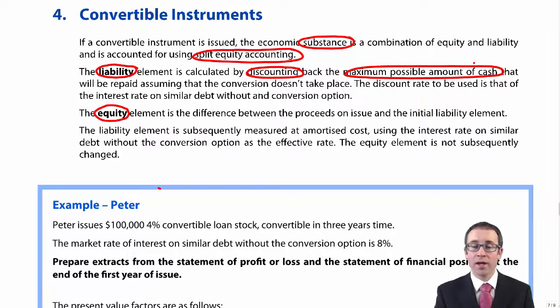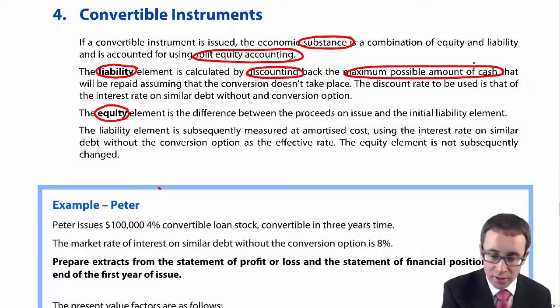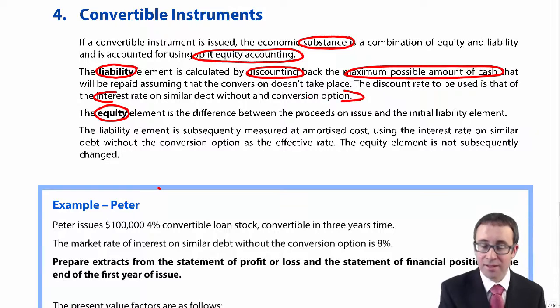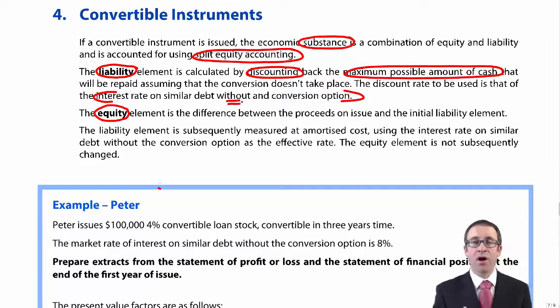Okay. When you're looking there at the discount rate, what you need to do there is you use the discount rate with your interest on similar debt. So similar debt with regard to the amount without the conversion option. So if you wanted to issue convertible debt to raise $1 million, then you would discount the cash flows based on the interest and the redemption of the $1 million, and you would use the interest rate that would be there on a normal, simple loan if you were to borrow the $1 million from the bank.